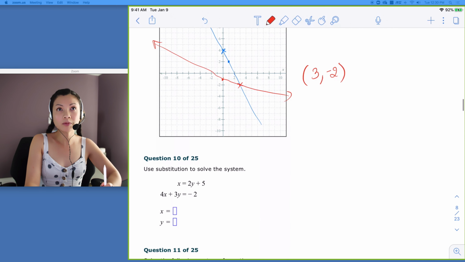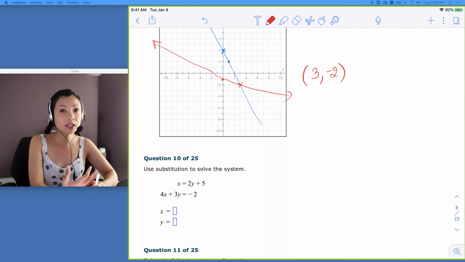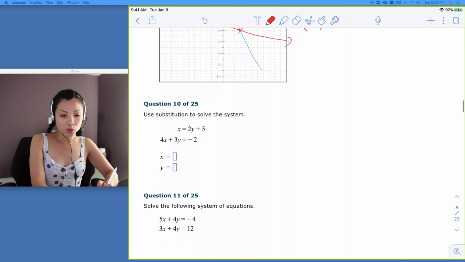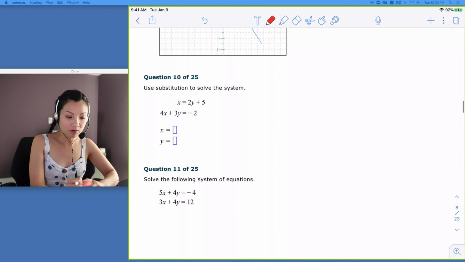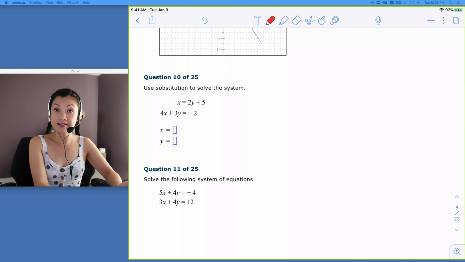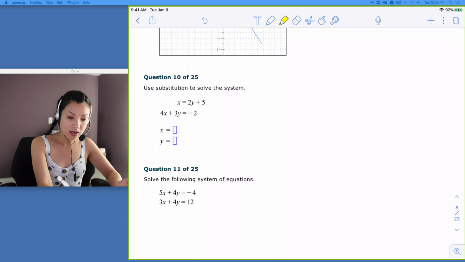Now, the problem is when you have fractions, it's really hard for us to read the coordinates. Therefore, we should use substitution and elimination. Number 10 right here, substitution, is really simple, especially when we have one variable already isolated. In this case, you can see that x is already isolated.